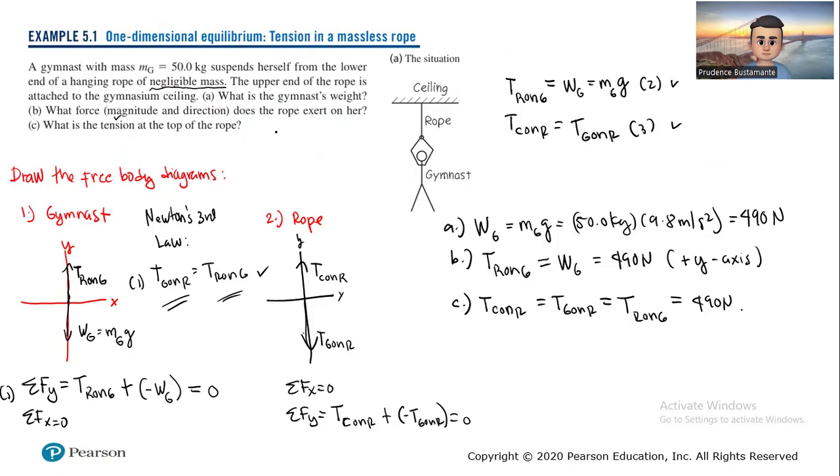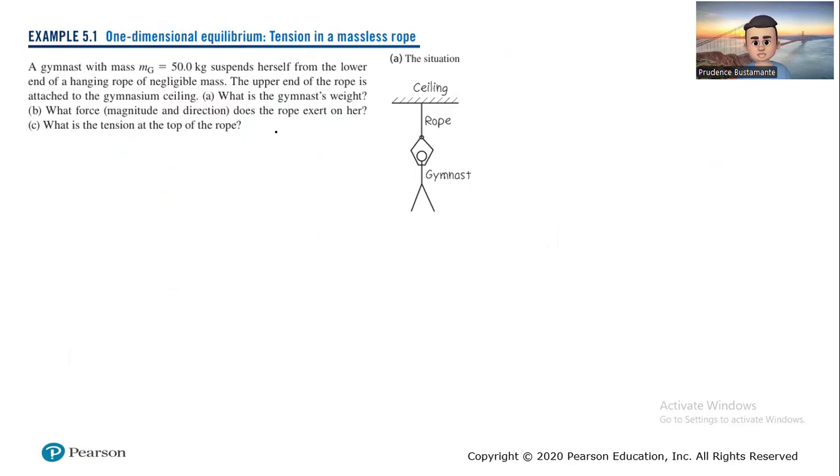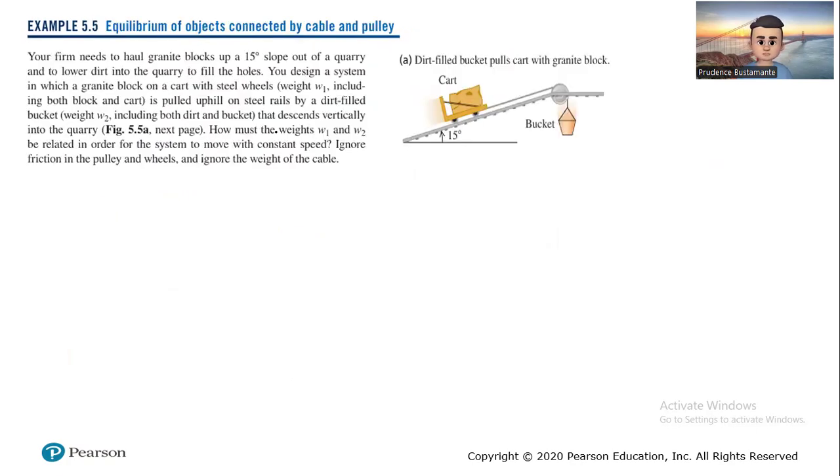Okay, so let's start on another problem here. This is equilibrium of objects connected by a cable or a pulley. Okay, so your firm needs to haul a granite block up a 15-degree slope out of a quarry and to lower dirt into the quarry to fill the holes.